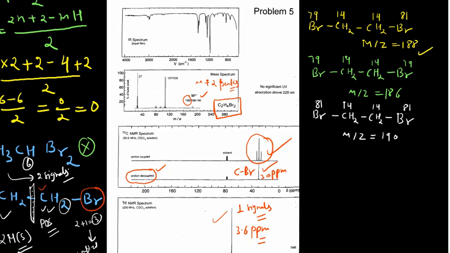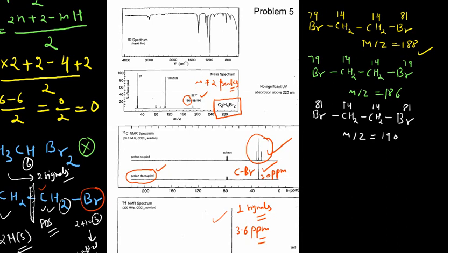Now, if you want to go into the fragmentation, you can very easily do the fragmentation also. You have the peak at 107 and 109. So how can you justify the peak at 107 and 109? You can actually break the bonds from here.